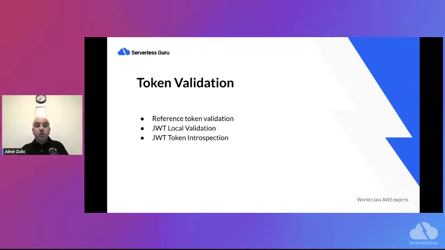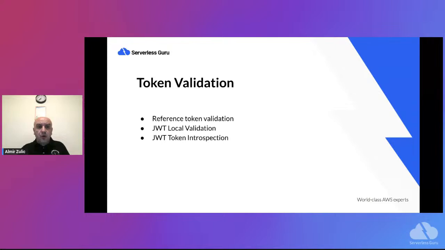There are many things within the claims that you should check to make sure that the token is valid. The recommended way to do this local validation is always to use an SDK or library provided by the OAuth server, unless you are creating the authorization server and you are creating this SDK. Usually, if you use Cognito, you can use the AWS SDK, Amplify and so on to validate requests.